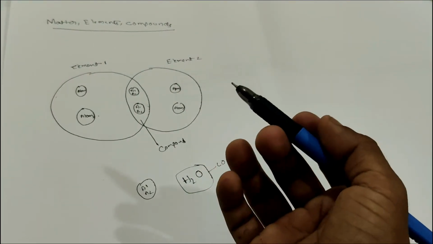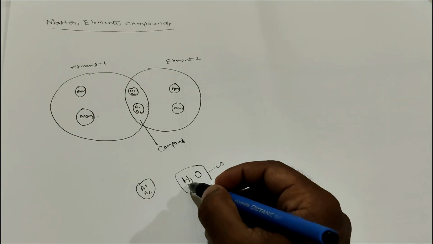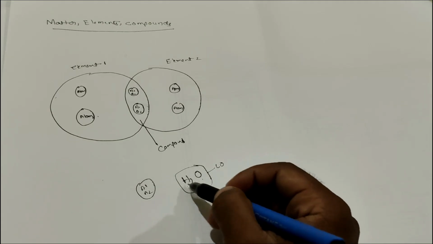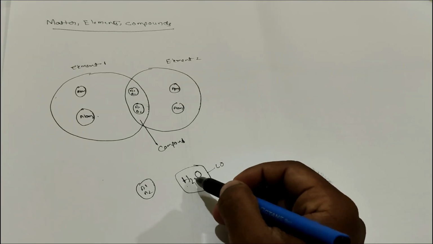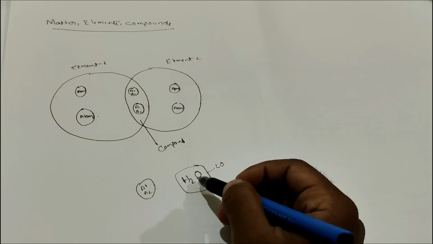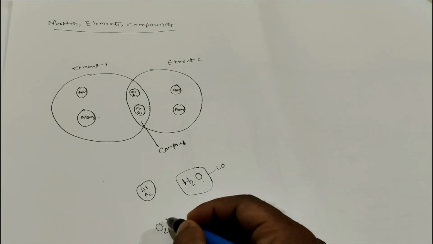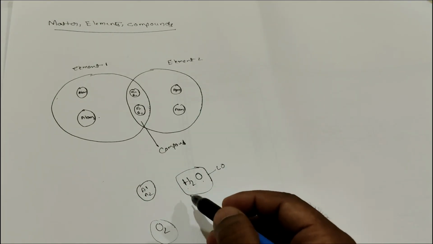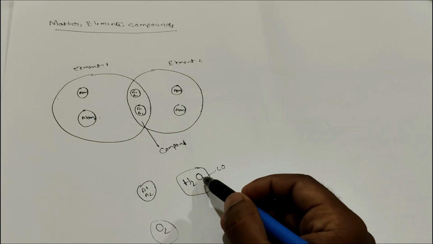The general example we can say is water. So water contains two different elements, hydrogen, oxygen. So there are two different elements combined, so we can call it a compound. And O2, this is just an element, but here there are two different elements, so we call this a compound.